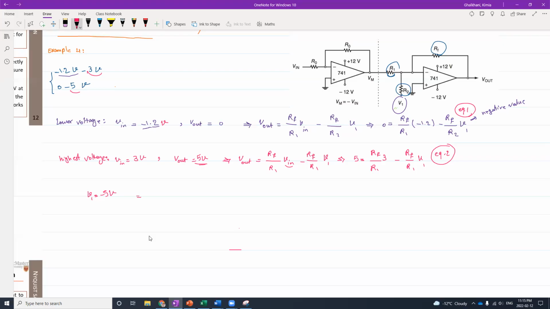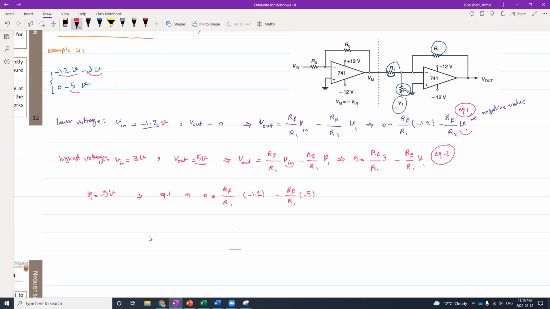Then what do we have in here? From equation 1, we have 0 equals RF over R1 times minus 1.2, minus RF over R2, and I'm just going to rearrange it, so my V1 is going to be minus 5.